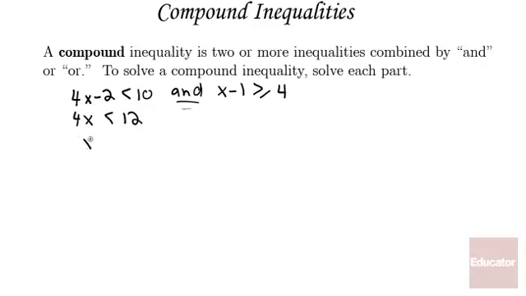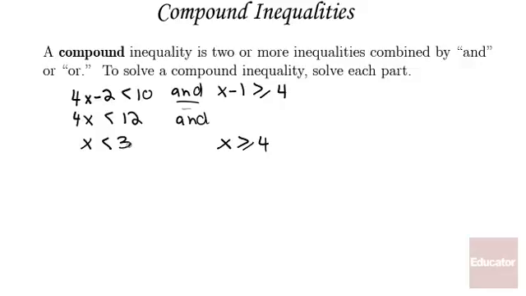Divide both sides by 4, so x is less than 3. And if I add 1 to both sides, I'm going to get x is greater than or equal to 4. We'll talk in a second about how the solution set works for this, but the first step is to just solve both parts of the inequality.